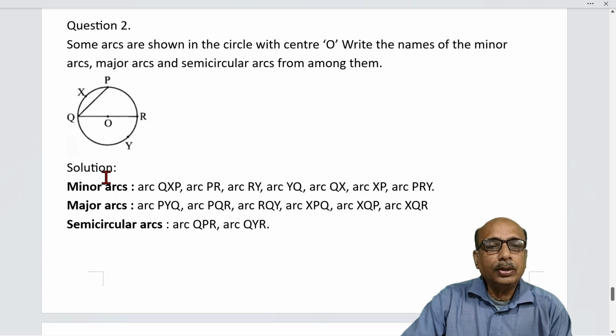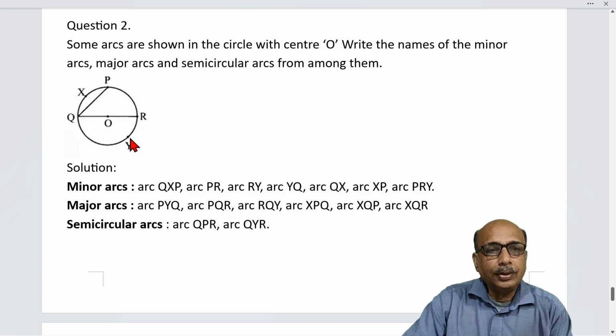Question number 2. Some arcs are shown in the circle with center O. Write the names of the minor arcs, major arcs and semicircular arcs from among them. Minor arcs. Arc QXP, it is less than 180 degrees, so minor arc. Arc PR, this is less, so it will be a minor arc.